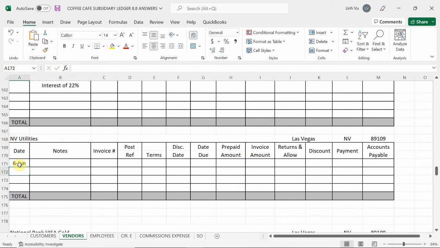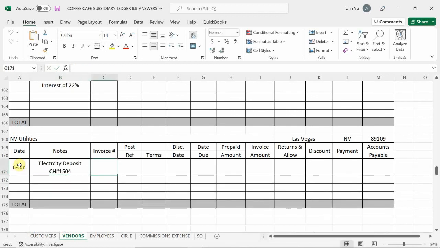Today's the 6th. What happened here? We had an electricity deposit, and we wrote a check for 1504. Did we get an invoice number? Yes, invoice number 502.